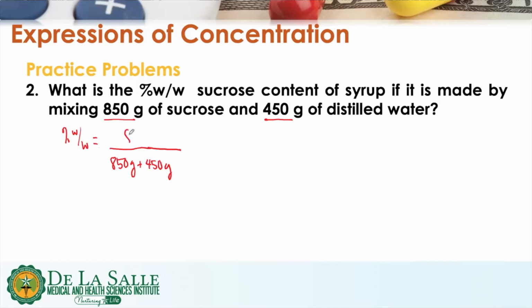And then we will be using the weight of the solute and multiply this by 100 to get the percent weight in weight. And that will be equal to 65.4%. The weight of the combined water and sucrose is equal to 1,300 grams.